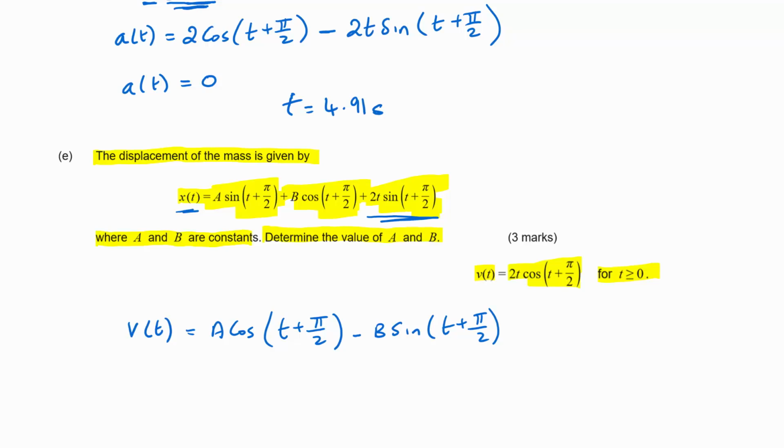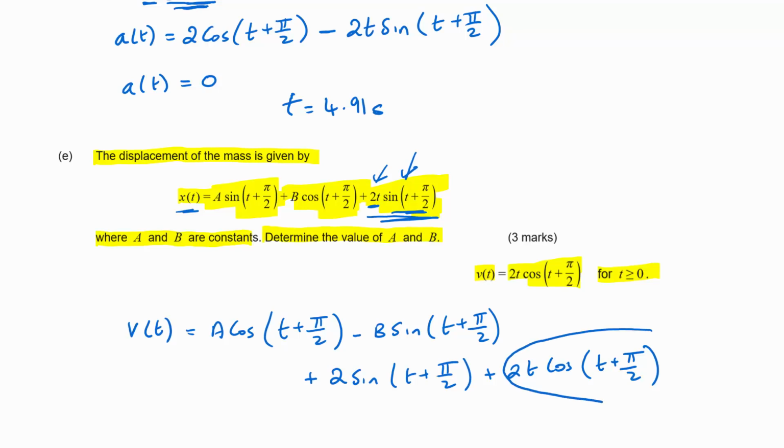And then if we differentiate this, remember it's a product, so we can do this times this one differentiated, so that's plus 2 sin(t + pi/2). And then finally, we've got this one times this one differentiated, so that's plus 2t cos(t + pi/2). And this last part is the velocity.